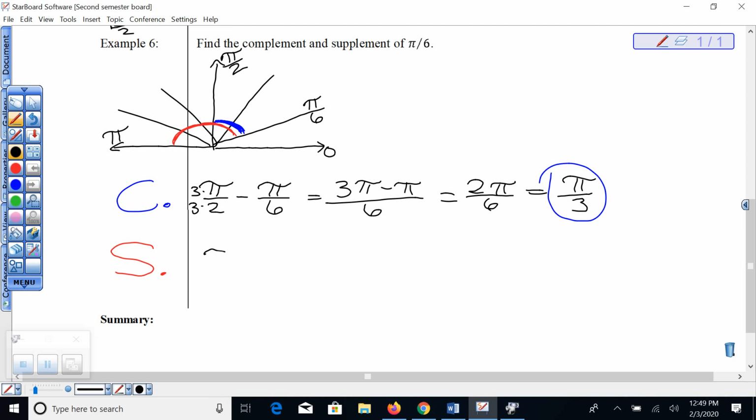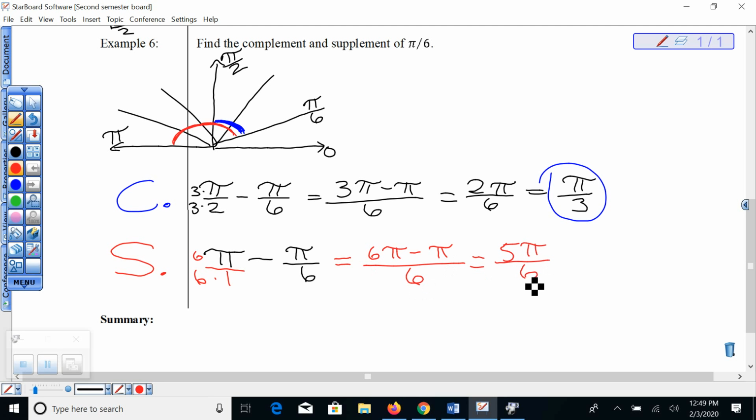So we would take pi radians, subtract pi over 6. So we'll put that over 1, give them common denominators. So 6 pi over 6 minus pi over 6, which is 5 pi over 6. And that would be your supplement.